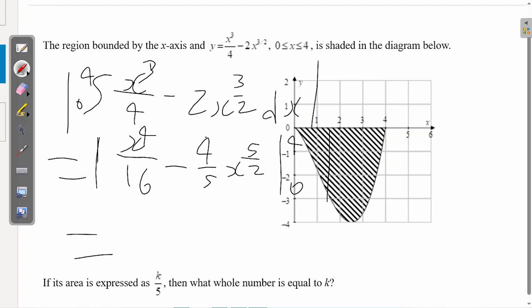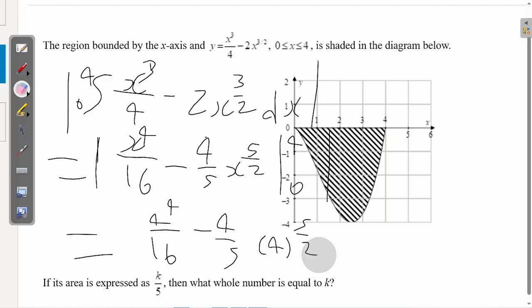Okay, so now we evaluate 4 to the power 4 over 16 minus 4 over 5 times 4 to the power 5 over 2, and this will be equal to negative 48 over 5.